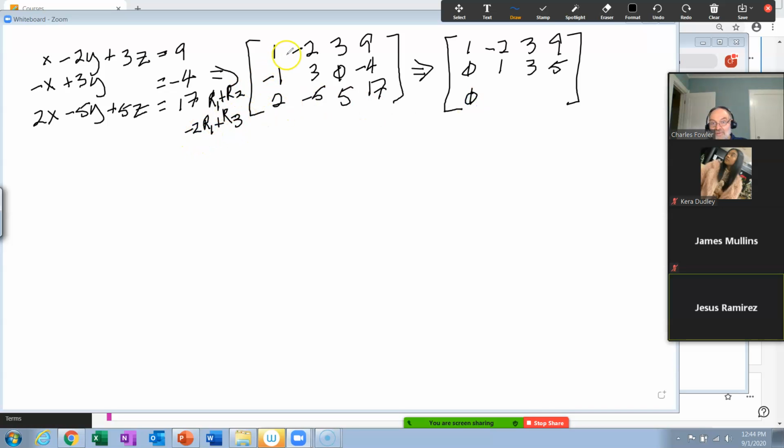Minus 2 times minus 2 is plus 4. Minus 5 is minus 1. Minus 2 times 3 is minus 6 plus 5 is another minus 1. And minus 2 times 9 is minus 18 plus 17, I think, is another minus 1. Make sure I'm doing this right. I think they skipped a whole bunch of steps, okay, because they had done this before.